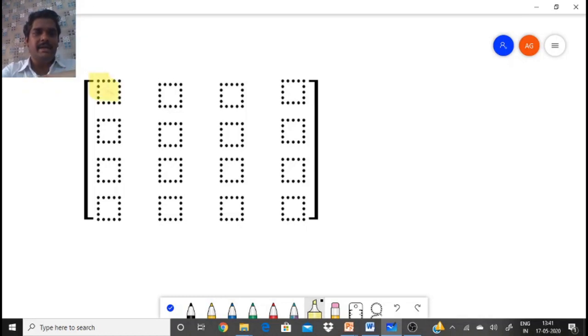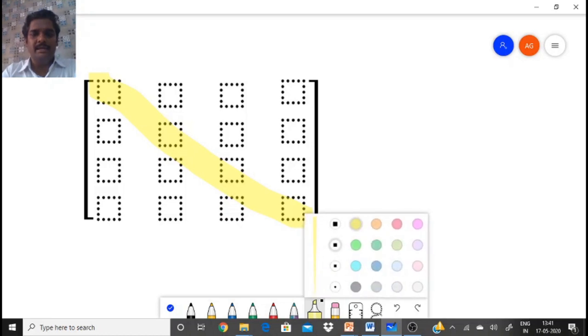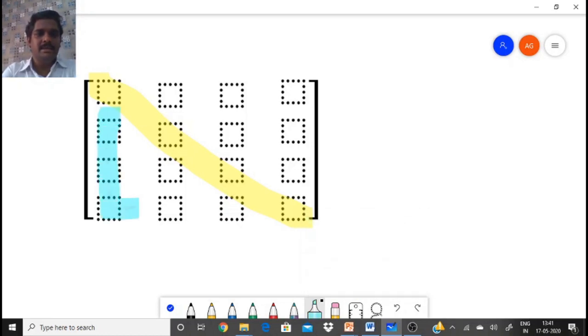So this is your diagonal, and elements below the diagonal are nothing but these. These are nothing but the elements below the diagonal. So these elements have to be 0. So I am going to put 0 here. 0, 0, 0, 0, 0 and 0.